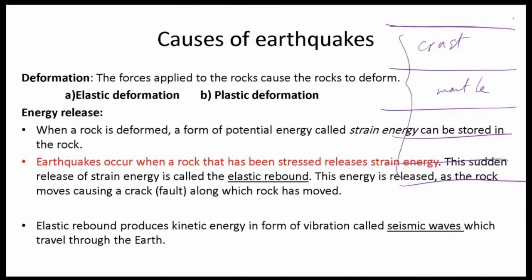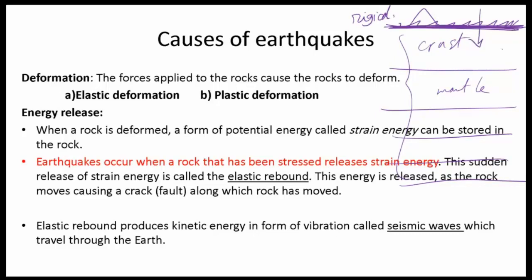But the rocks at the top, like the rocks of mountains, the rocks of the top part of the crust, like the first 3 or 5 kilometers of the crust, they are rigid rocks. Rigid, صلب.